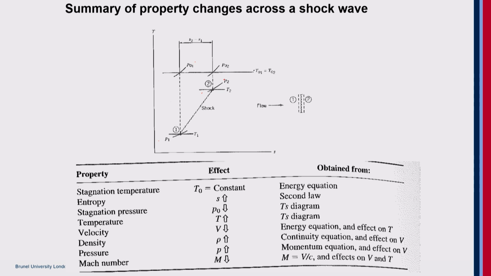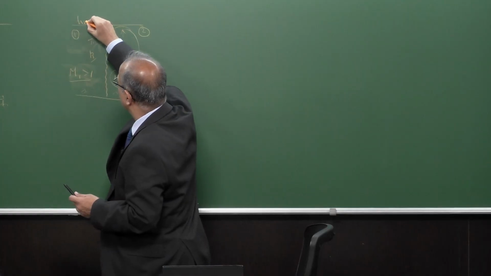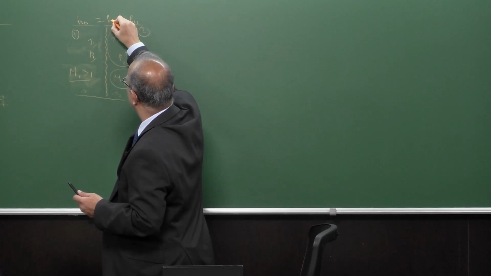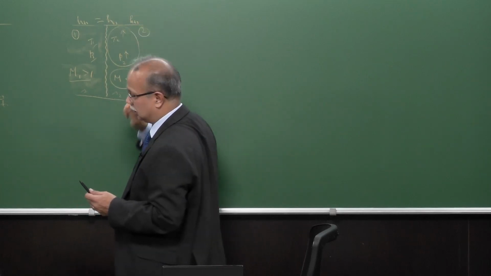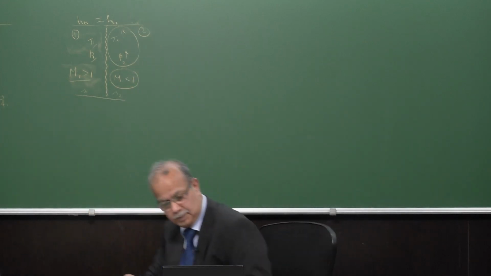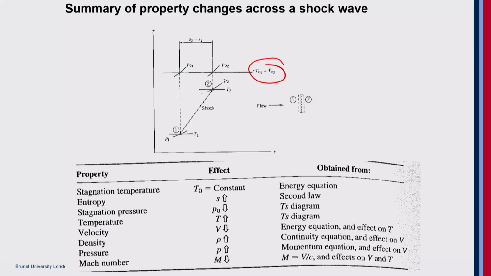The rest of the properties increase and the Mach number decreases. The total temperature remains constant. The total energy remains constant. So HT1 and HT2 are equal. Total energy remains constant.